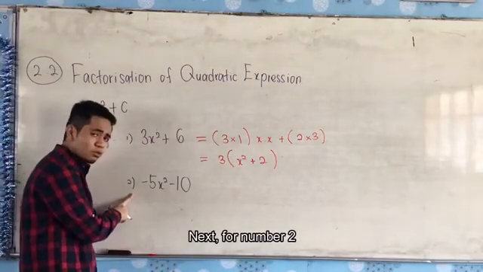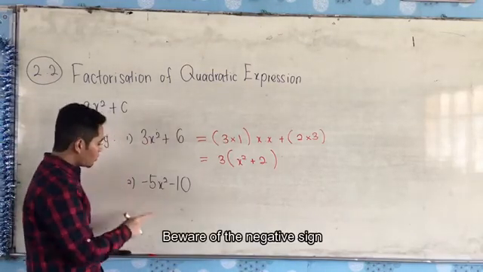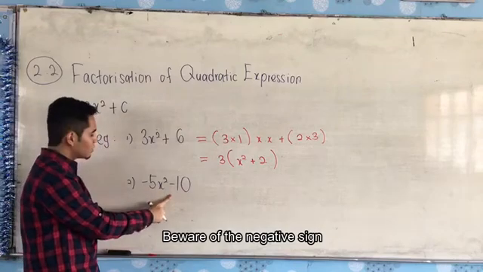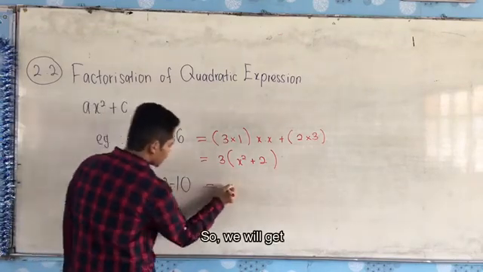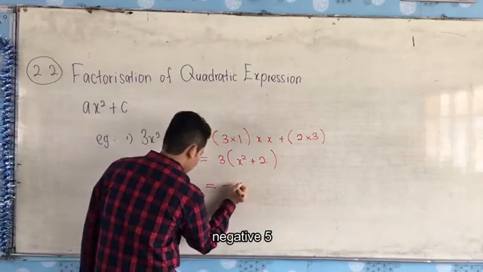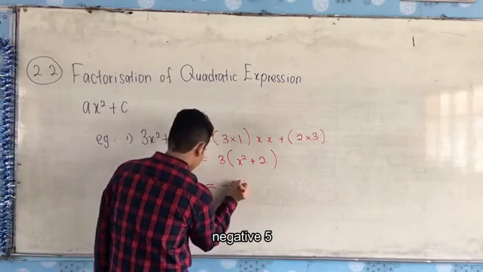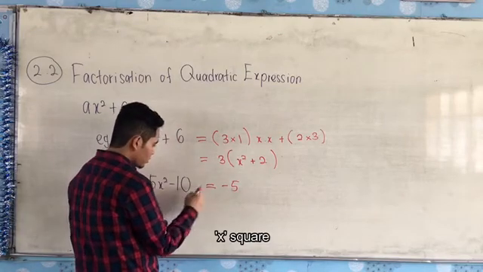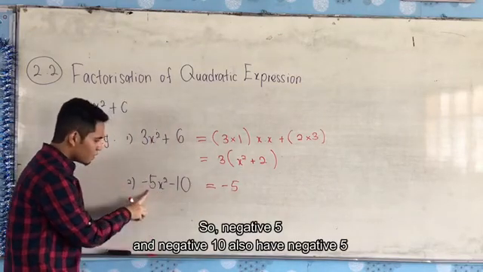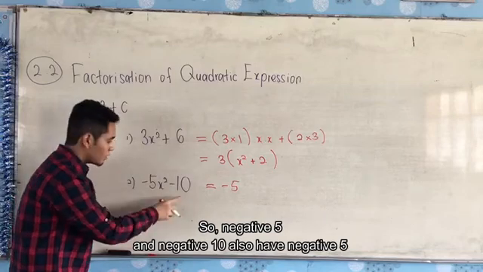Next, for number 2, beware of the negative part. So you will get negative 5x squared. So negative 5 and negative 10 also have negative 5.